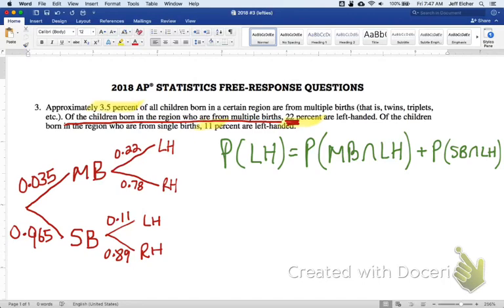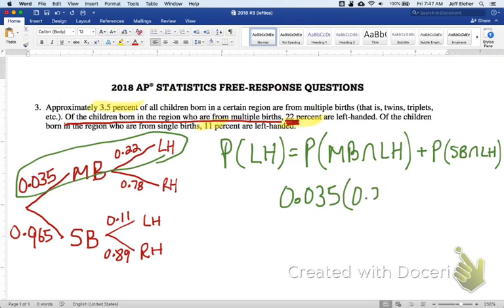So the probability multiple birth and left-handed would be this branch. So multiplying those, 0.035 times 0.22 plus the probability single birth and left-handed would be this branch.